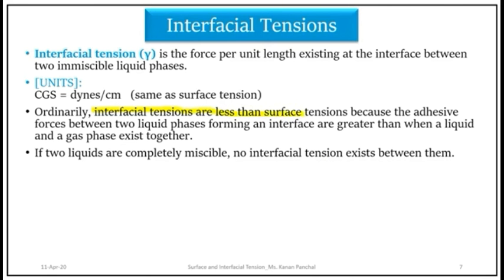reversible. The next, chemical adsorption is due to chemical combination of adsorbate molecules and the surface molecules of the adsorbent, and it involves high heat of adsorption, that means greater than 700 kilojoule per mole, that it is highly specific and often irreversible.